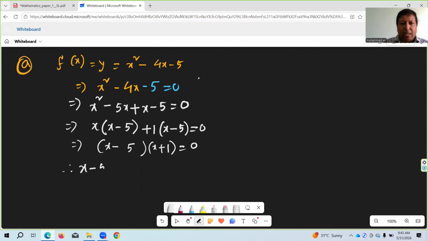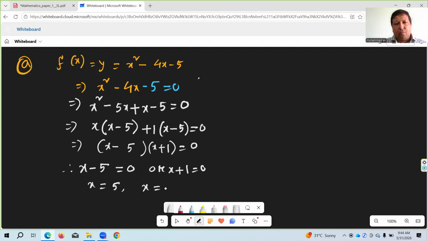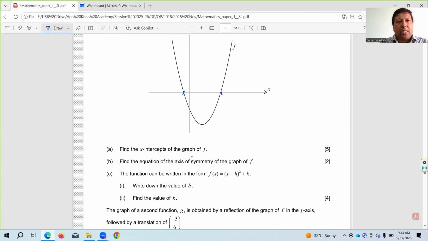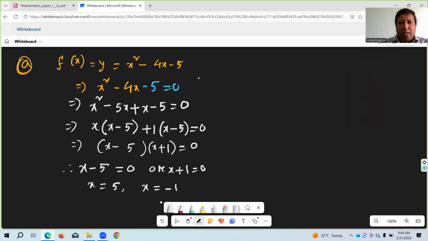Therefore, x minus 5 equals 0 or x plus 1 equals 0. So x equals 5 and x equals minus 1. So these are the x-intercepts of the graph of f.